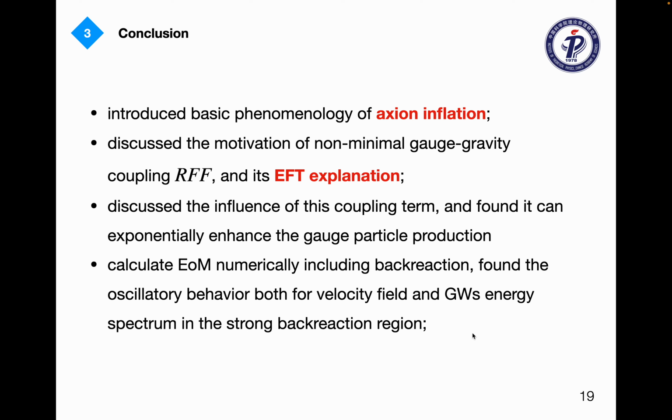Then I discussed the influence of this coupling term, and found it can exponentially enhance the gauge particle production, where we set the coupling constant to negative. And at the last, we calculated the equation of motion numerically, including the backreaction, and found oscillatory patterns for the velocity field and the gravitational wave energy spectrum in the backreaction region. So that's all. Thanks.